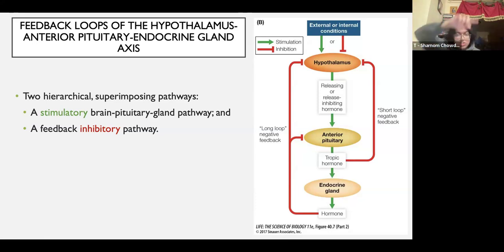But these further hormones can cause a negative feedback loop to the anterior pituitary so that other hormones are not released. Like here, instead of the endocrine gland, if it was the adrenal cortex and this is cortisol, it could cause a negative feedback loop back to the anterior pituitary.